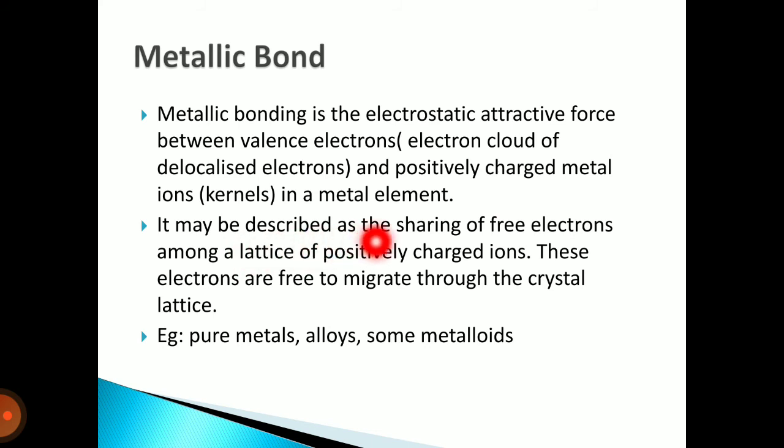It may be described as the sharing of free electrons among a lattice of positively charged ions. These electrons are free to move throughout the crystal lattice. Example, pure metals, alloys, some metalloids show metallic bonding.